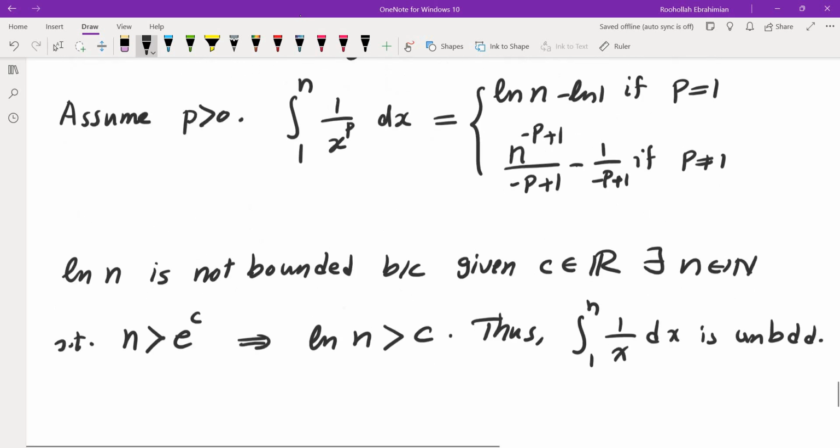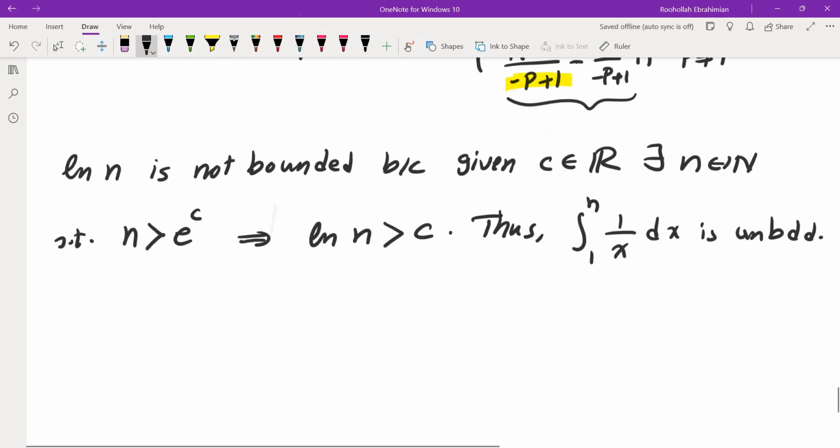Okay, now given this part, we can actually take care of p that is less than 1. But let's first take a look at the second one. We need to know what 1 minus p is. If 1 minus p is negative, in other words, if p is more than 1, then we can find an upper bound for this.